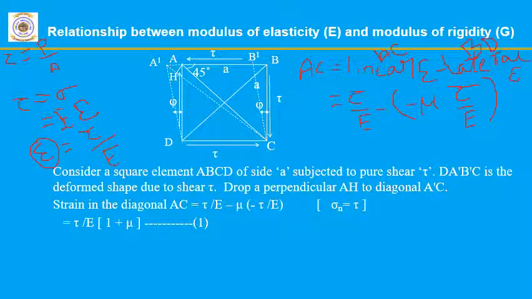Next, let us see how to find the lateral strain. From Poisson's ratio, we know mu is equal to lateral strain divided by linear strain.